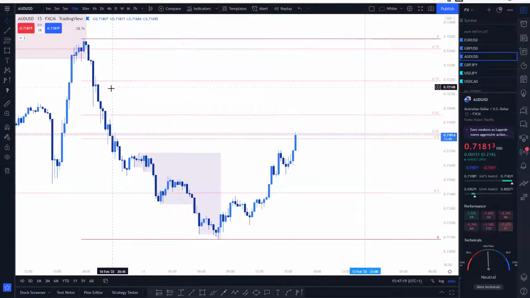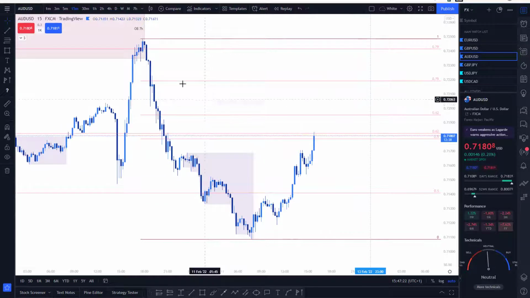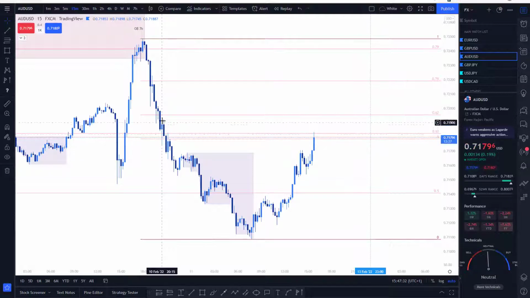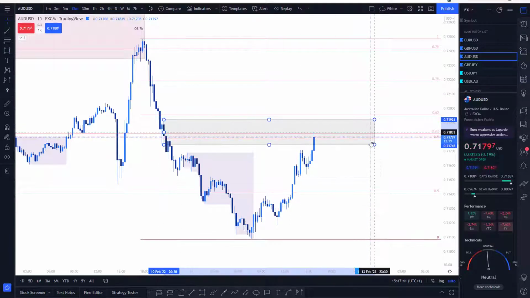There are a couple of supply zones before the extreme, which could provide some sell pressure. The first one is this one here, so this buy to sell. So I will mark it up. This is the first buy to sell right now.